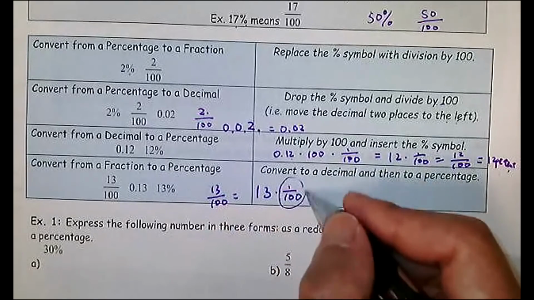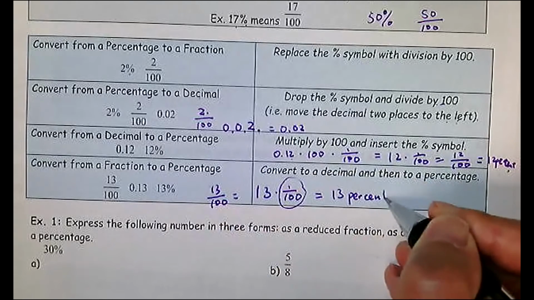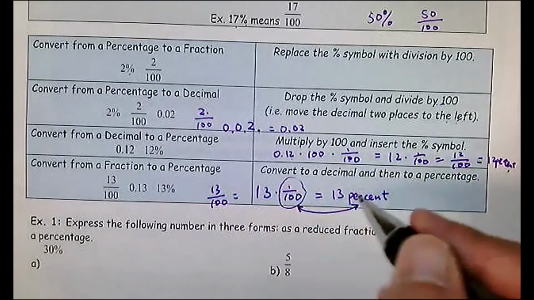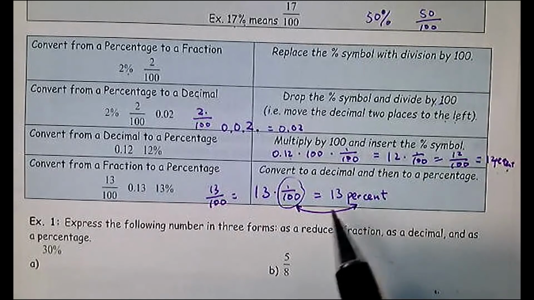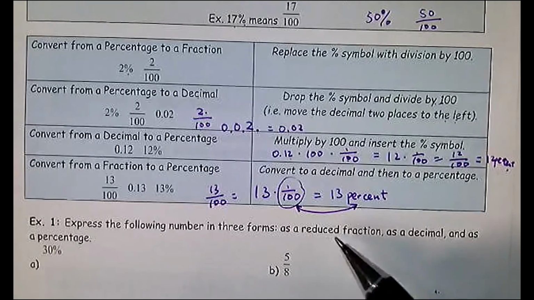And every time you see this, it's just percent. So it's 13%. Just replace this with the English word percent. That's it. No sophisticated technology here. Anyone has any question?